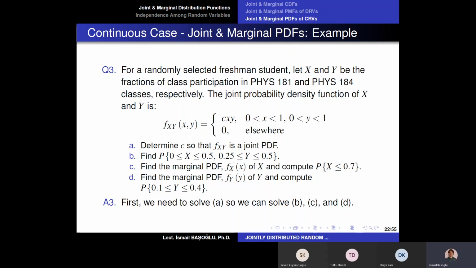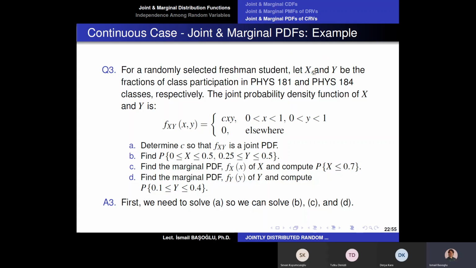But usually this is what we observe in the university, right? And if a student is participating in any of the classes with a large percentage, then this means this is a common property of that student, and that student can also participate with a large participation fraction in all of the classes, not just one of them.